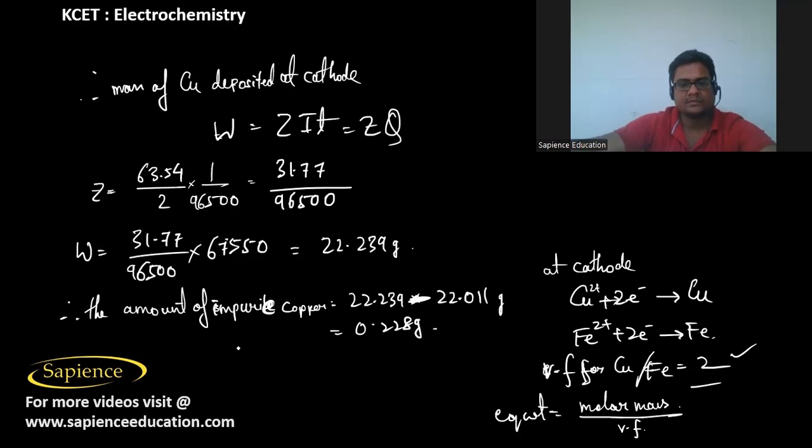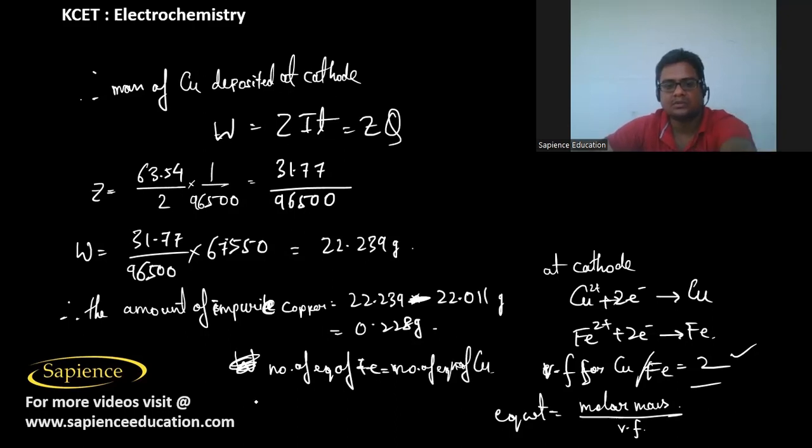Now here the number of equivalents of iron is the same as the number of equivalents of copper, so the weight of copper divided by the equivalent weight of copper is equal to the weight of the iron divided by the equivalent weight of iron.